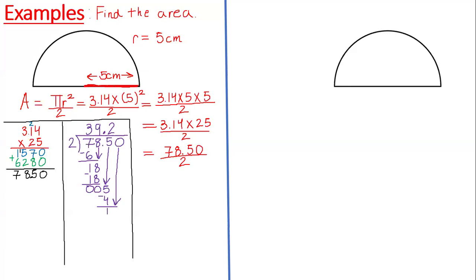How many times does 2 go into 10? 5 times. 2 times 5 is 10. So 10 minus 10 is 0. And so our answer for this is going to be what? 39 point what? 39.25 centimeters squared.